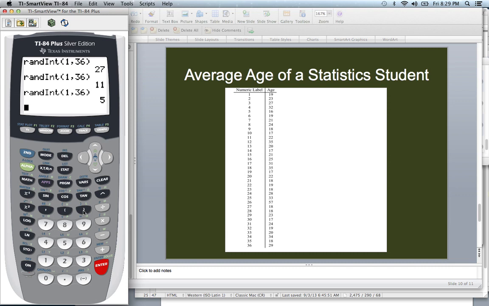Student number 5 is 16, so that's another data value. If I'm going to select 5 students, then maybe I'll select 2 more, and student 13 is included. Student 13 is 20, and student 16 is included, and that student's 25.